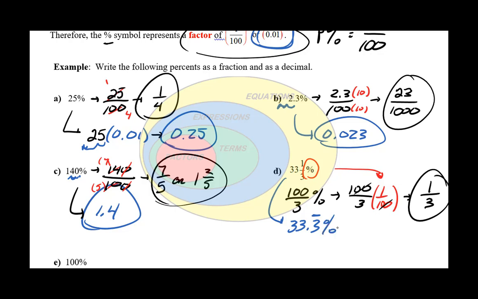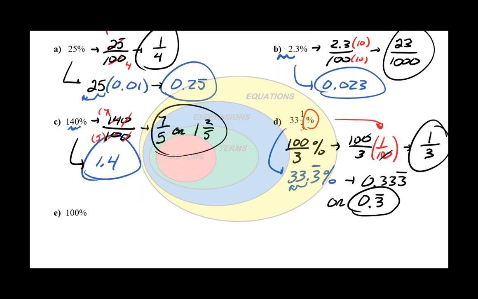So if I convert that to a decimal and now move the decimal place to the left 2 places, I would end up with 0.333 repeating, or just 0.3 repeating. So that would be the decimal for that. So if I have mixed numbers, just change them to improper fractions so you can use your fractions there.